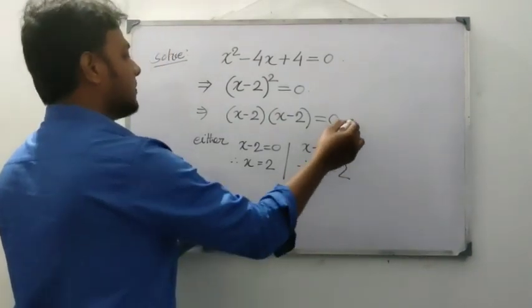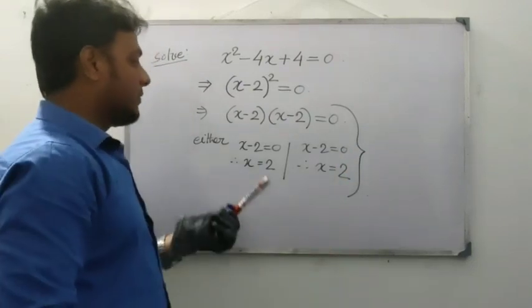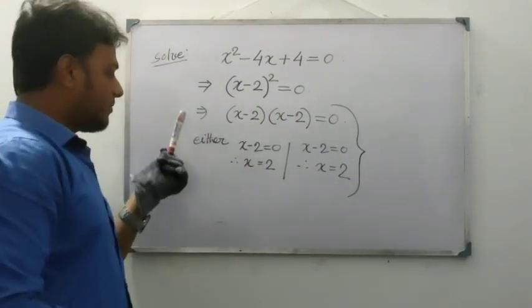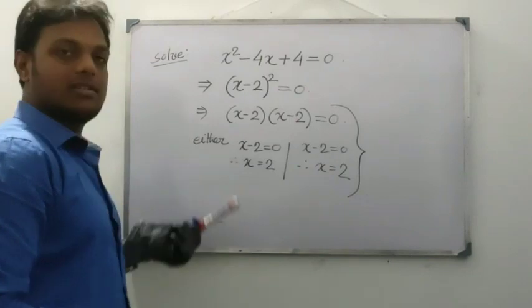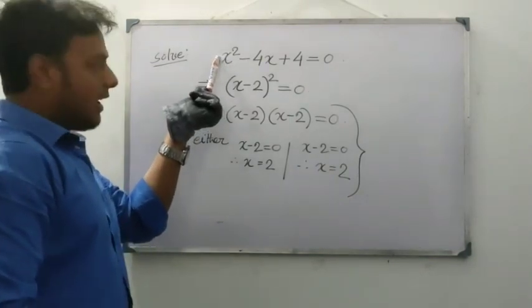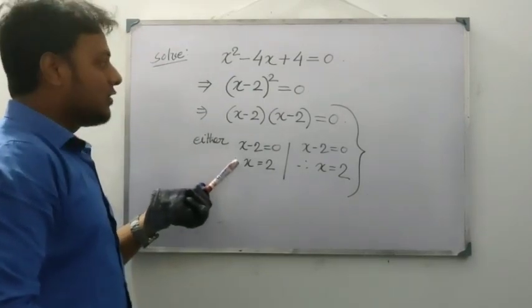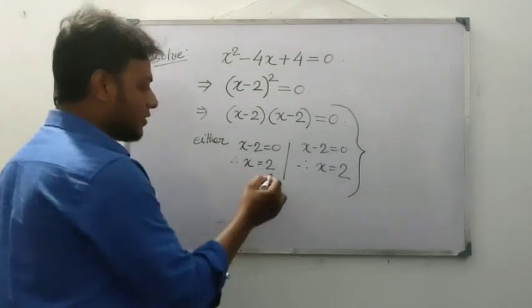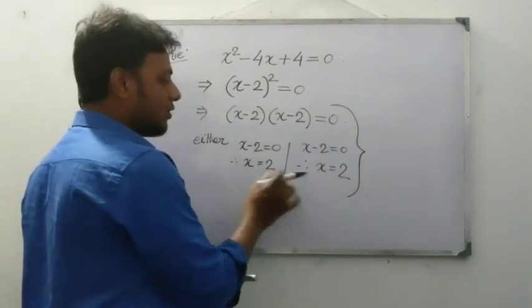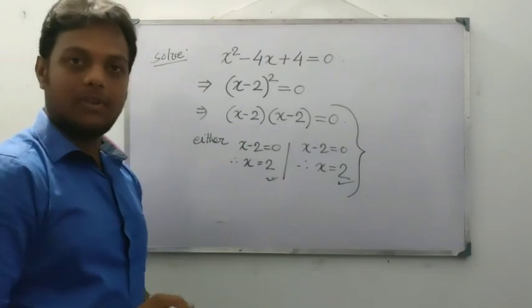No need to do this part, but just for clarification I have done it. So this is clearly a quadratic equation, and in this case we get two roots. One root is 2 and another root is also 2. In this case both the roots are equal.